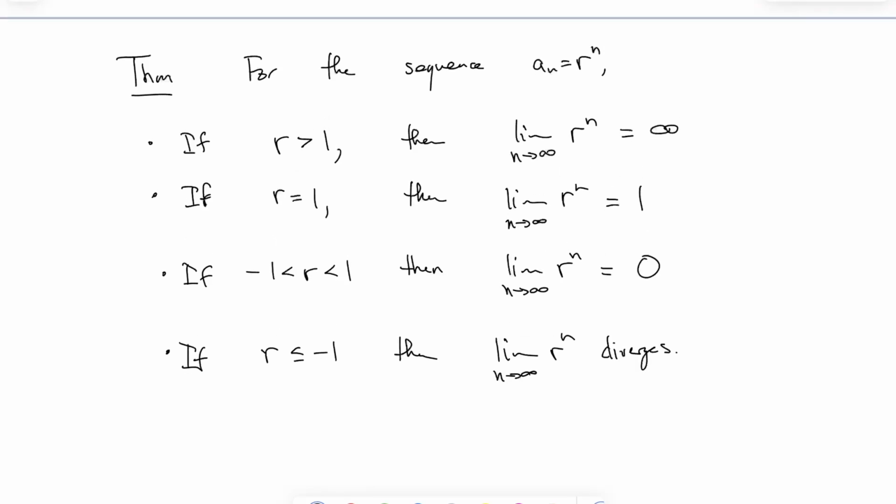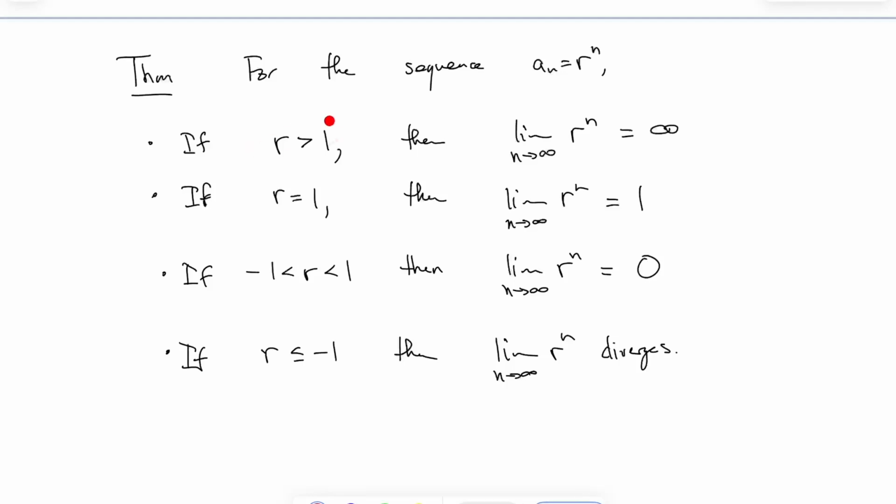This doesn't really have a name, but this is the theorem about geometric sequences and what they converge to. I'm describing every possible thing that r could be and what happens in each different case. This is super important. I would say you should kind of have this memorized. It's not so hard to remember this.